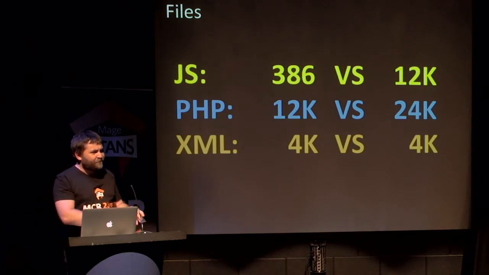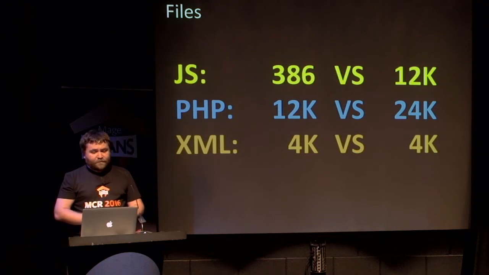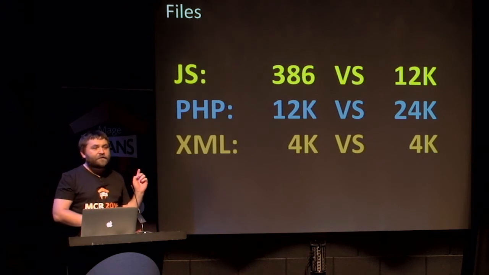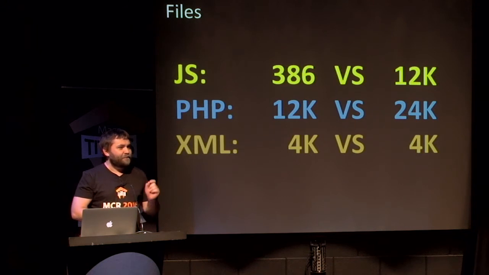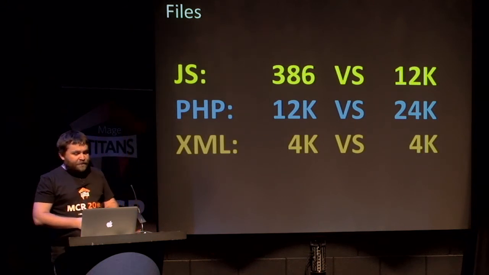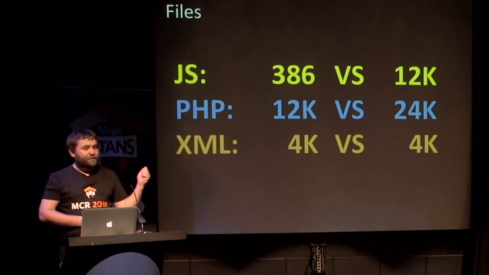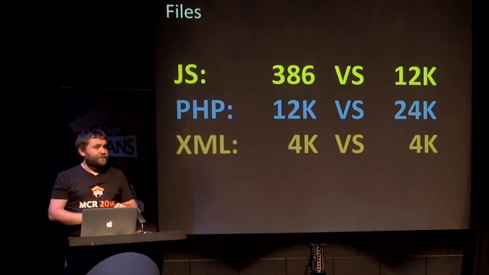It's very straightforward: I ran just one command, cloc, and it showed me that in Magento 1 we used to have only 386 JavaScript files, while in Magento 2 you see that number? 12,000 files. In PHP we have double the size, from 12K to 24K. And in XML it's quite the same.